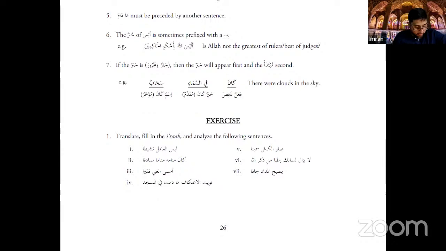Let me send you the nawaitu as well. So please, these new verbs, nawa, yanwi, please conjugate these verbs, because these different patterns you will be coming across in the Quran and different texts as well.